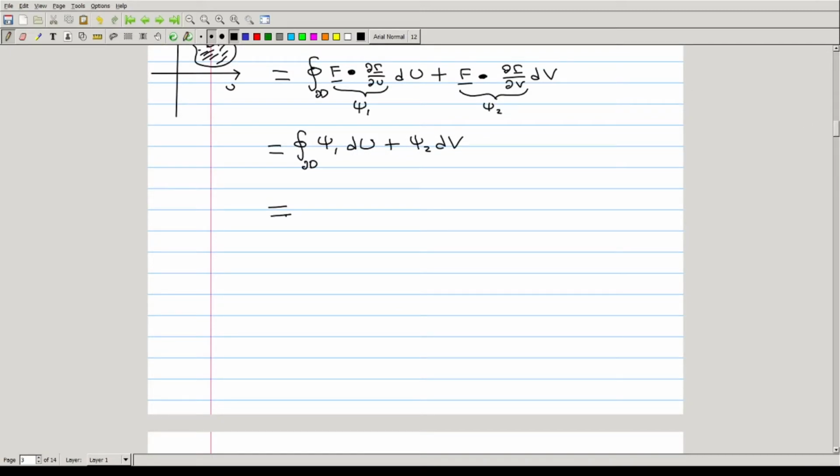So by Green's theorem in the plane, this is going to be the same thing as the double integral over the region D of the partial derivative of phi2 with respect to u minus the partial derivative of phi1 with respect to v, du dv.